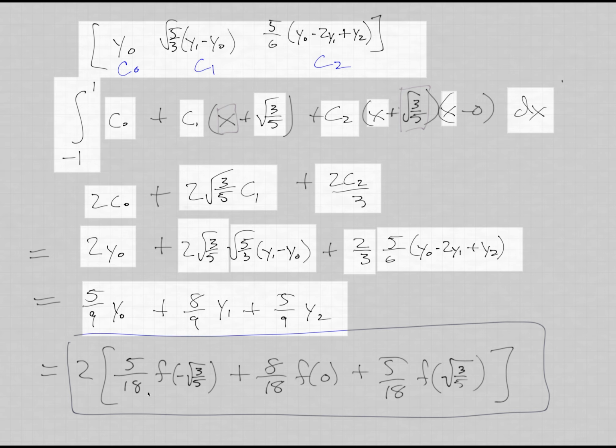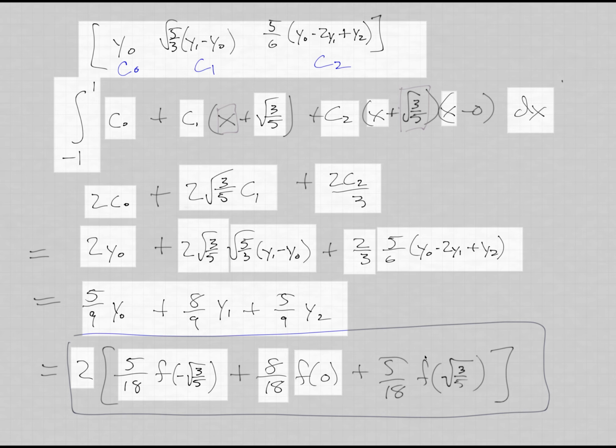I have rewritten this slightly differently down here. I wrote it as 2, which is the length of the interval, times the weighted average of the function f at the 3 points. So y0, remember, was the value of f at -radical 3/5, and we're weighting that by 5/18. y1 was the value of f at the second test point, which was 0, and we're weighting that 8/18.